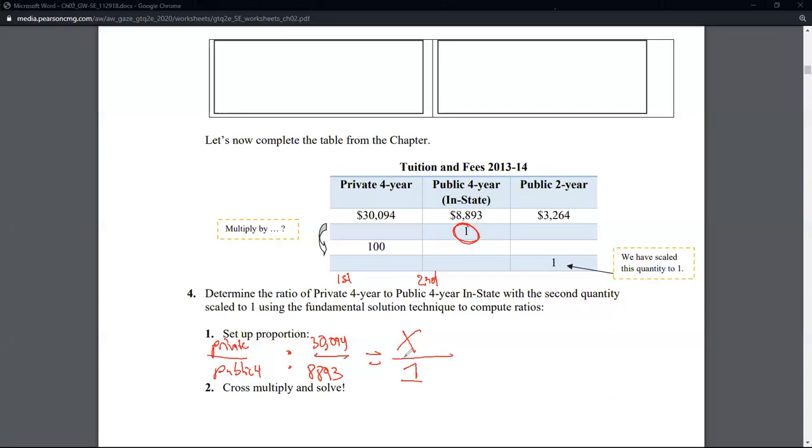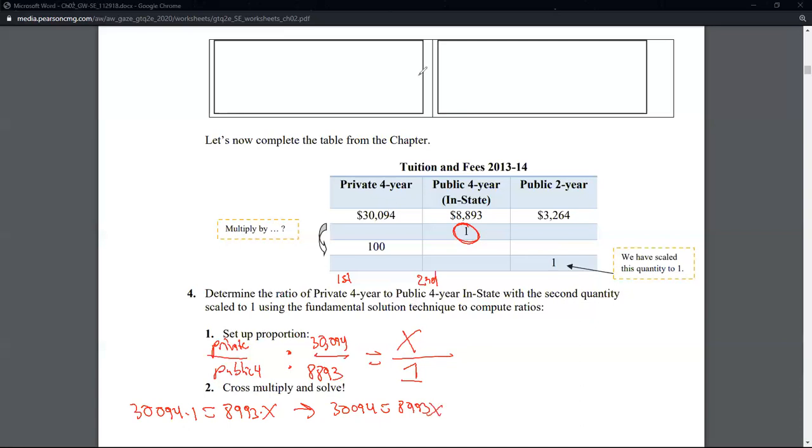Now, this right here is awesome, awesome, awesome. They say to cross multiply and solve, and that's what I'm going to do. And then I'm going to do it again in the awesome way. Cross multiplying gives us 30,094 times the 1 equals the 8,893 times the x, which is just 30,094 equals 8,893x.